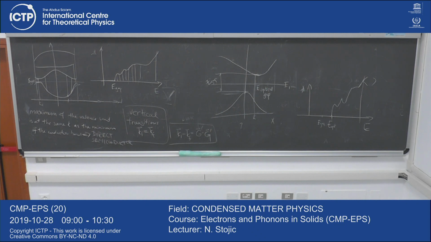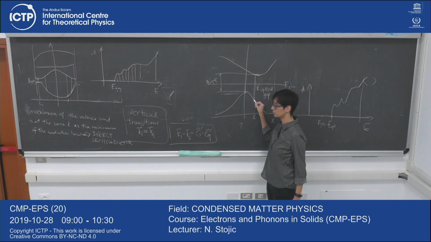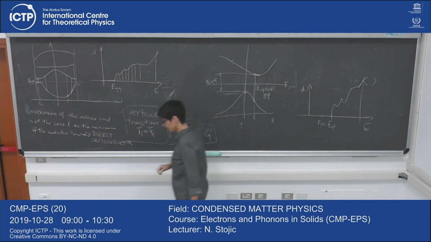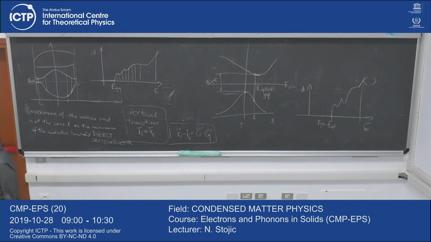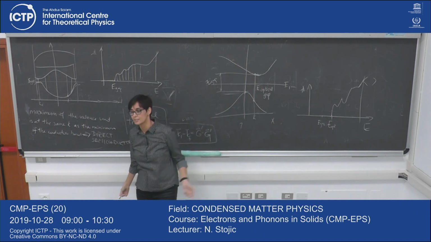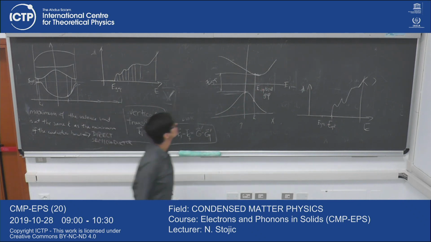But then what happens? Okay, I will excite an electron from here to here. So I will create a hole here, a state here. What will happen is that this system, first, the electron is not in the minimum energy. It will immediately scatter to the minimum.